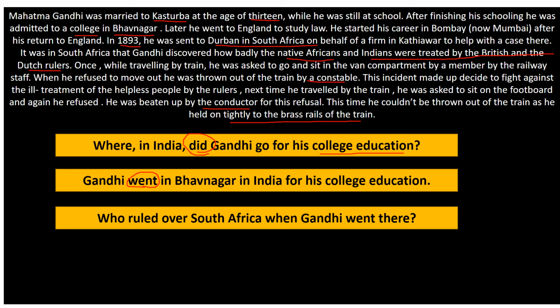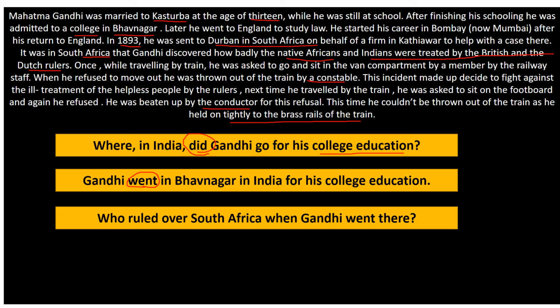Next is who ruled over South Africa when Gandhi went there? So South Africa, this is Durban in South Africa on behalf of a firm in Kathiawar to help with the case there. It was in South Africa. Again South Africa comes, that Gandhi discovered how badly the native Africans and Indians were treated by the British and the Dutch rulers.